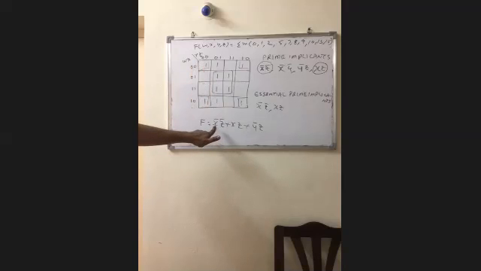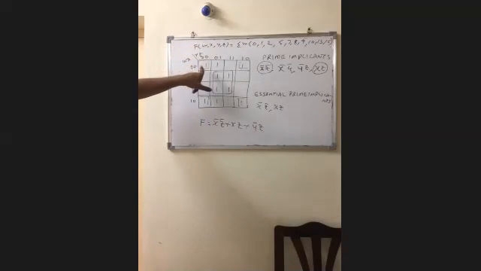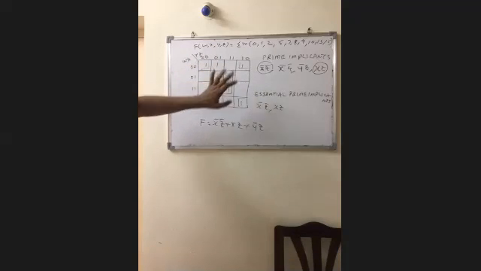Is it correct? Minterms 0, 1, 2, 5, 7, 8, 9, 10, 13, 15.